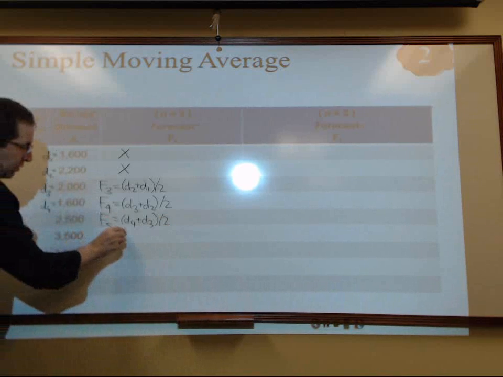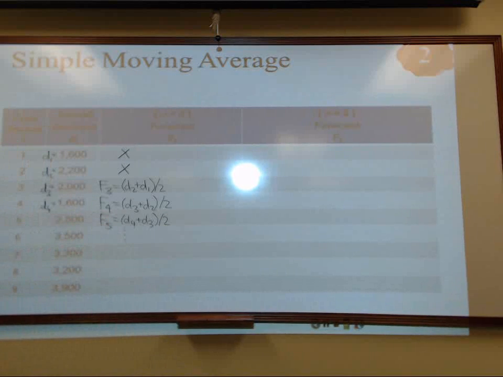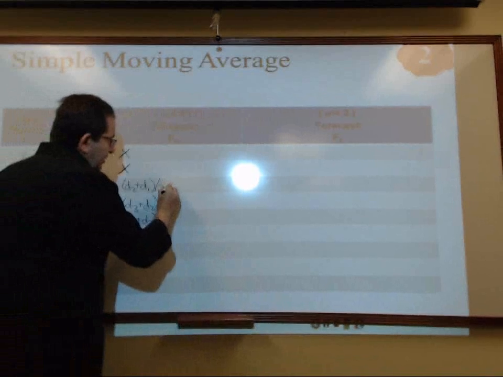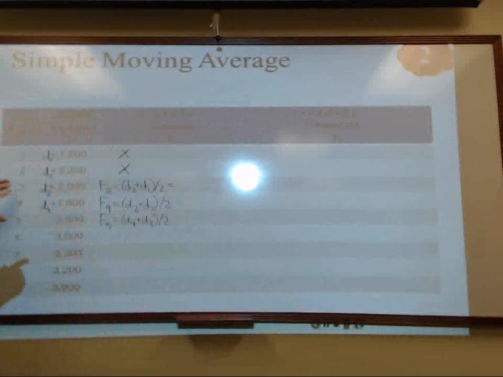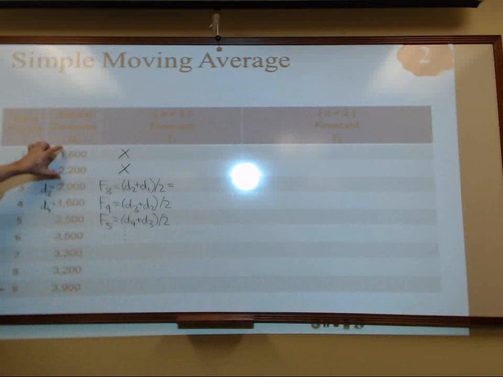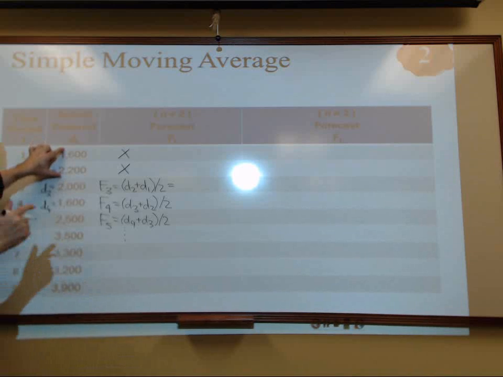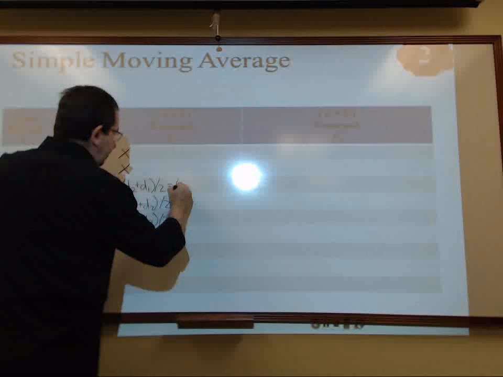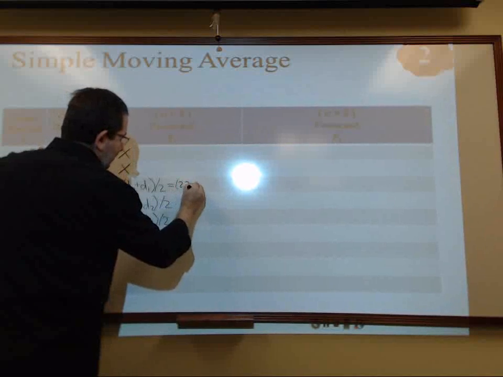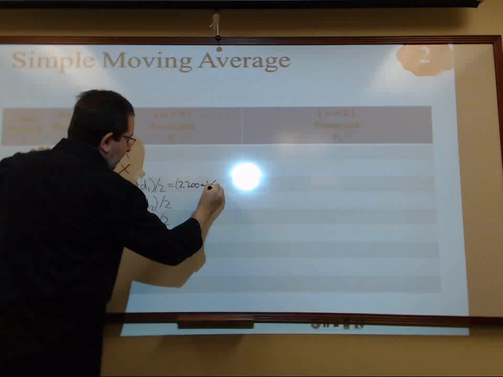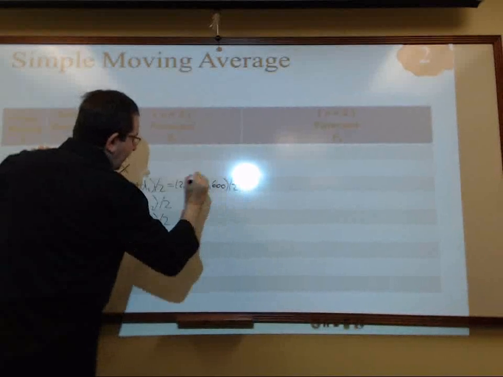Okay? So you'll continue like this. Let's just, for the sake of an exercise, let's plug in the numbers. So for period 3, I'm averaging this 2,200 plus 1,600 divided by 2.